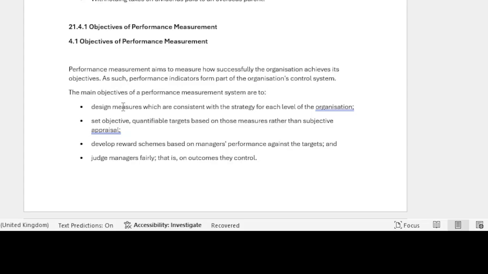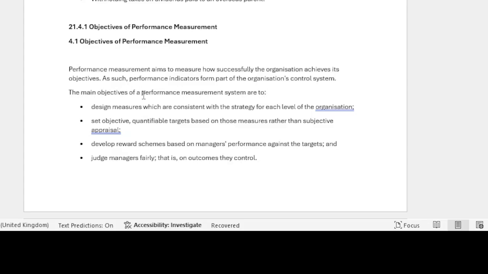So let's look at performance measurements. These help to show how successfully an organization has achieved its objectives. The main things we look at are the objectives which have been set, whether they are quantifiable or not quantifiable, maybe a subjective form of appraisal.